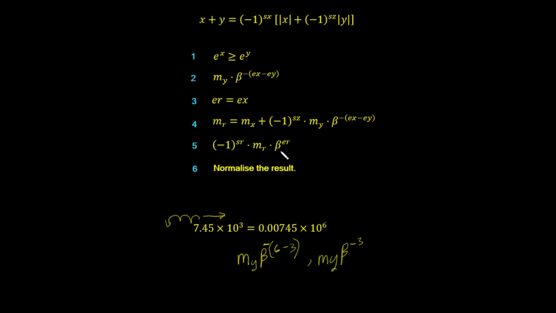There's one other thing that we have to do, which is we're going to have to normalize this, because we've already shifted the mantissa in this instance by a factor of 1,000, or 3 places. So in order to normalize it, we're going to have to shift the mantissa back to the correct position.